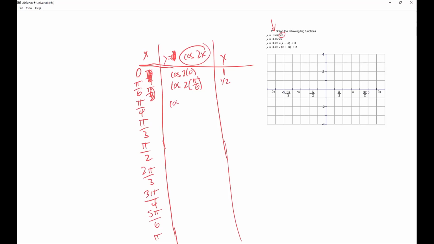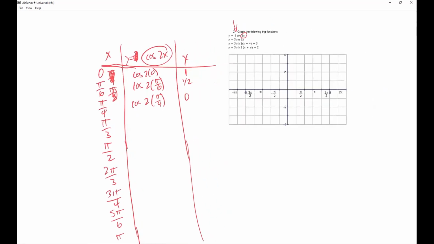Cosine of 2 times pi over 4 is pi over 2. Cosine of pi over 2 is 0. All right, so then start graphing these. So 0, 1. Then pi over 6 might be like right here, which is 1/2. Pi over 4 is 0, right?